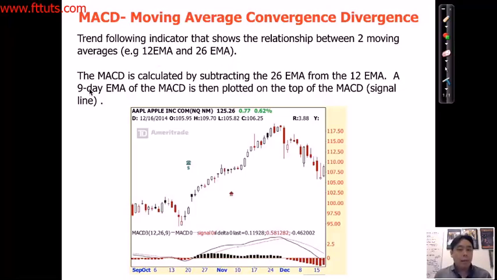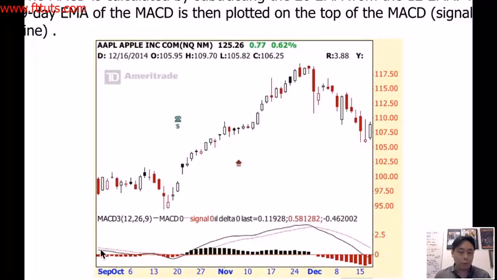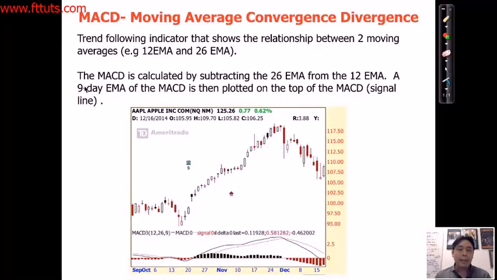Now, the MACD line, which is this black line you see over here, let me just zoom in. Can you see this black line over there? Okay, that's the MACD line. So notice this is the price chart, and below is the MACD indicator. The first thing to look at is this black line, and that's the MACD line. The MACD line is calculated by subtracting the two EMAs from each other, right?